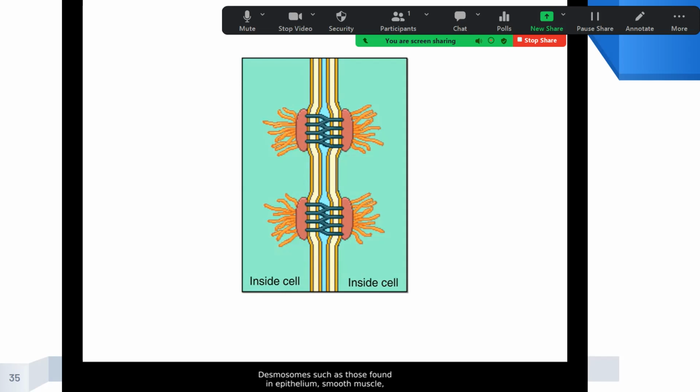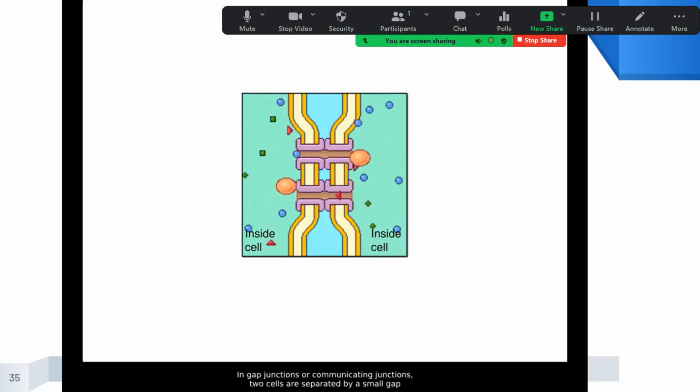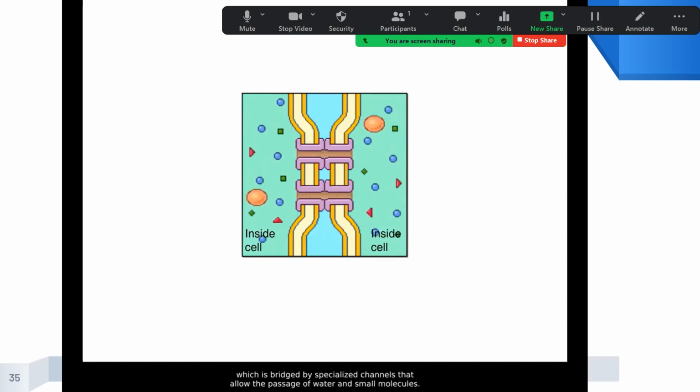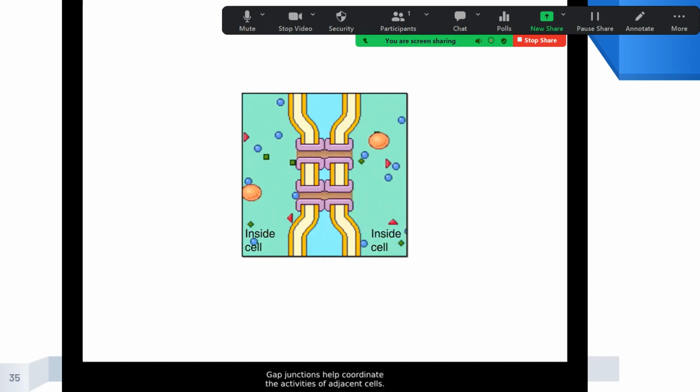Desmosomes, such as those found in epithelium, smooth muscle, and many other animal tissues, are button-like junctions that bind cells together and also function as anchors for fibers in the cytoskeleton. In gap junctions, or communicating junctions, two cells are separated by a small gap, which is bridged by specialized channels that allow the passage of water and small molecules. Gap junctions help coordinate the activities of adjacent cells.